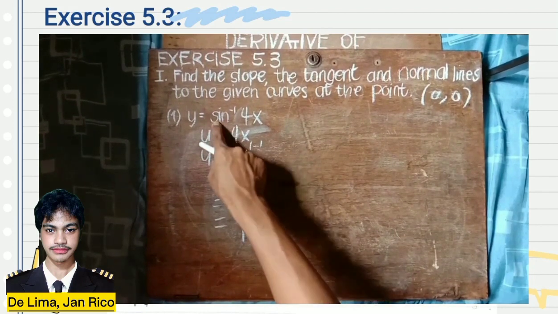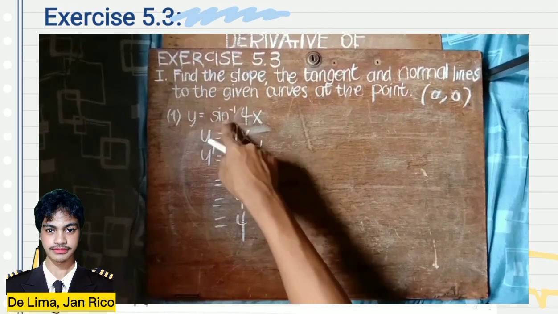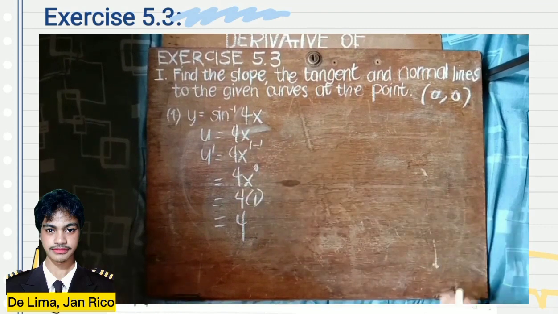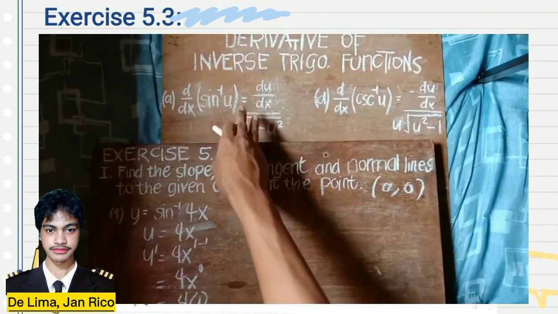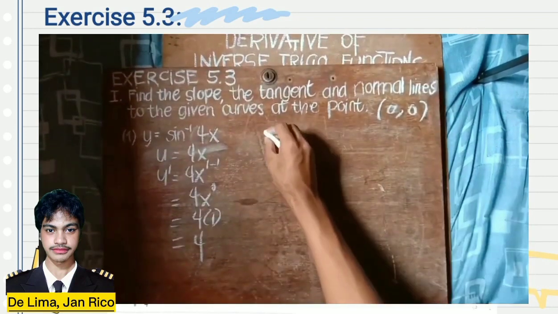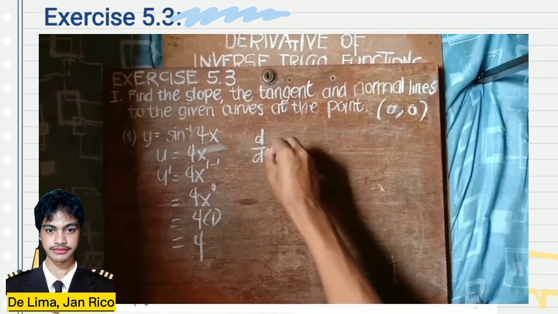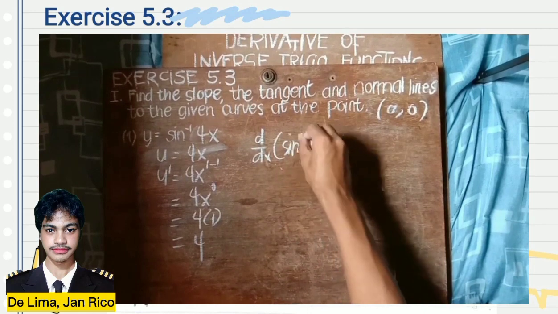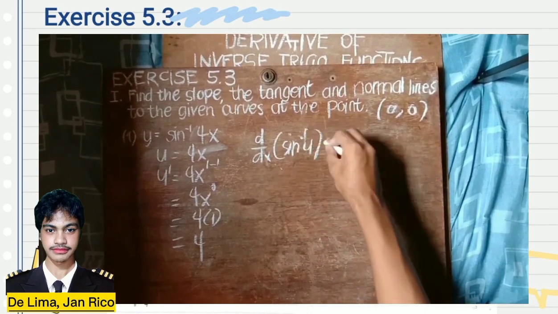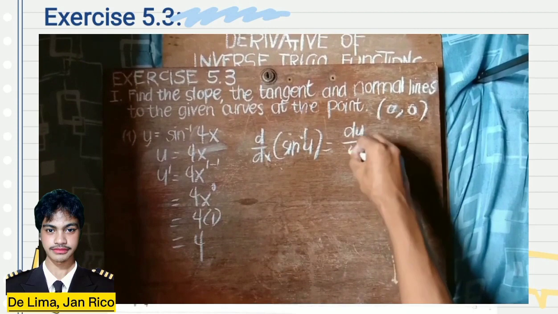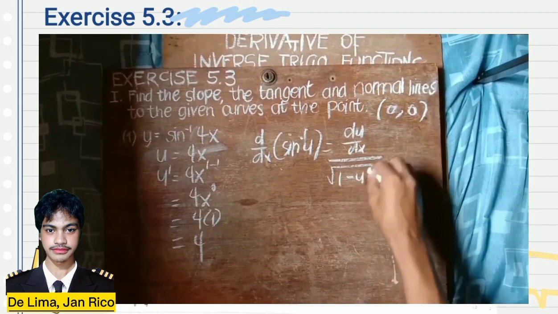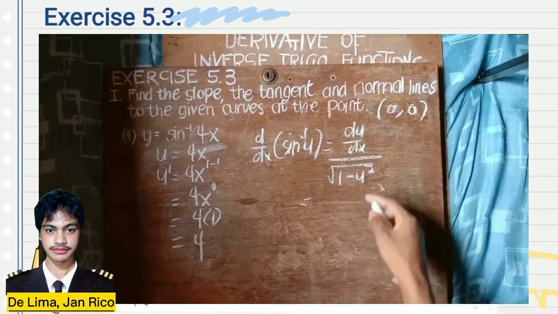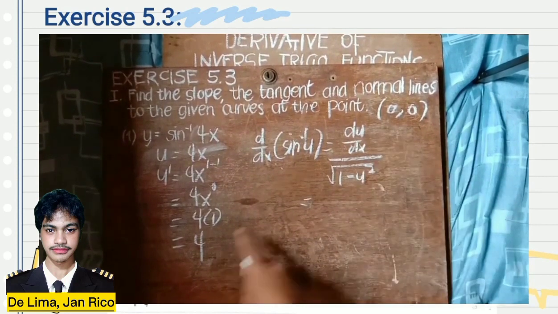And kung titingnan natin dito, ang ginamit na problem is yung arcsine. So we will use the formula for arcsine. And ang formula natin for arcsine is ito, which is the derivative of arcsine u is equals to the derivative of u with respect to x over the square root of 1 minus u squared. And ang derivative of u natin is itong 4.